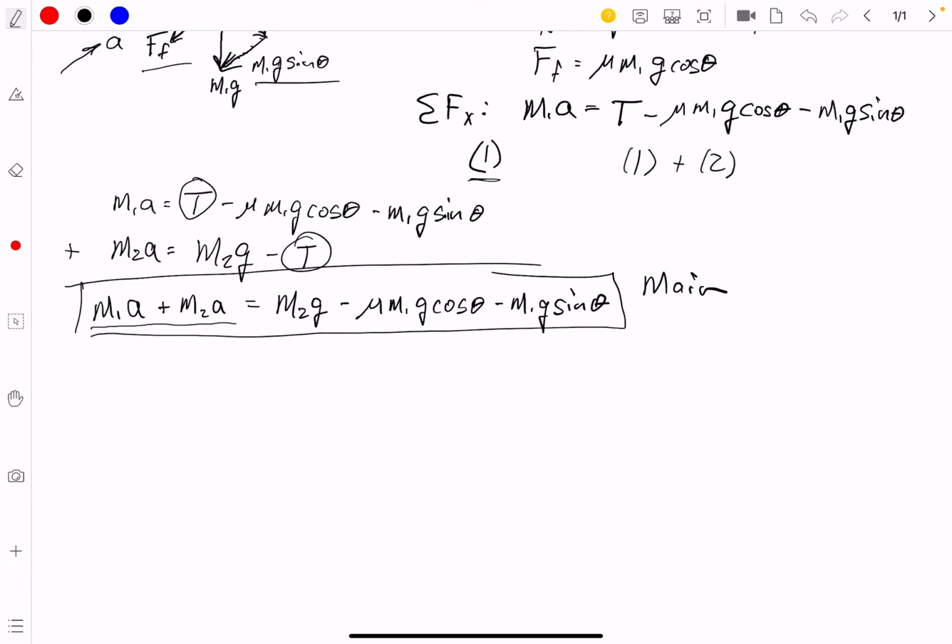So I'm left with 0 on one side, m2g minus mu m1g cosine theta minus m1g sine theta. And I really want to solve for m2. So I can do that. I can just put m2g on one side and put the others on the other side.